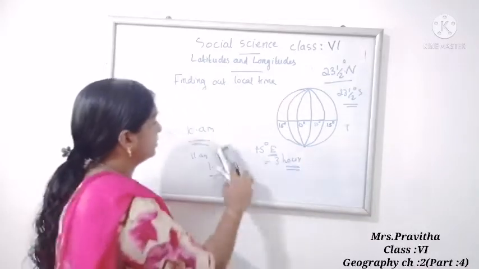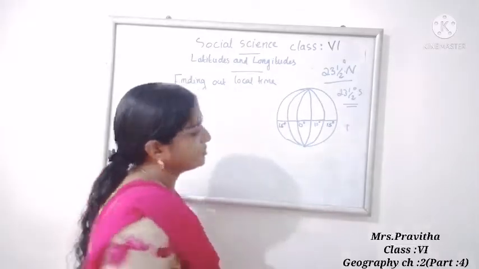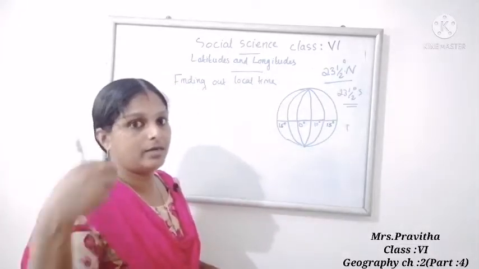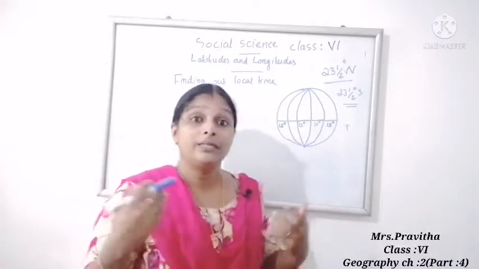Every country, you know children, most of the countries ma'am told have taken a standard meridian; 82.5 degrees is our standard meridian. In the same way, some countries have multiple time zones.